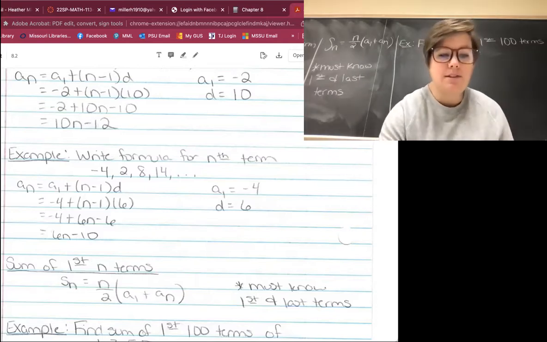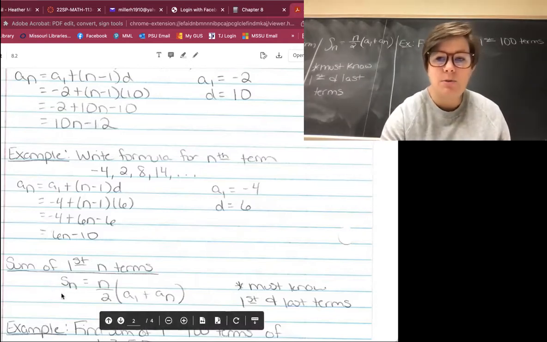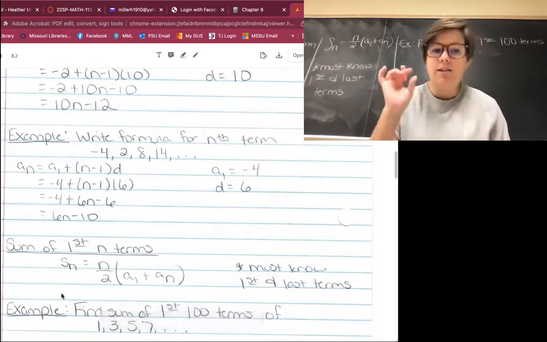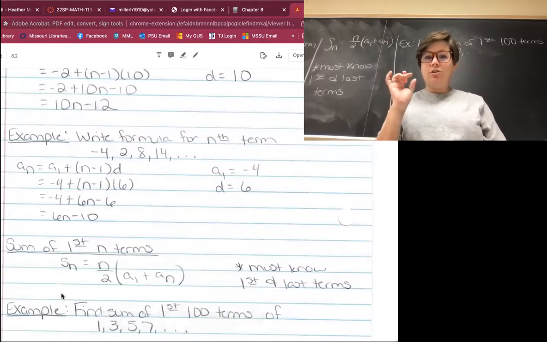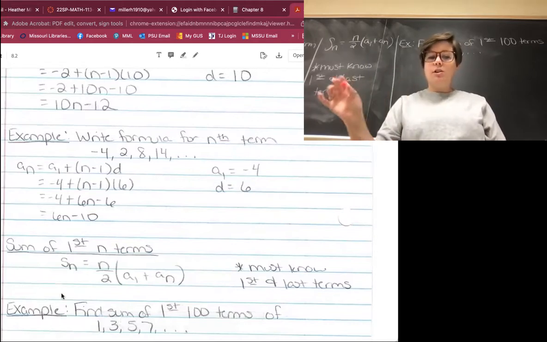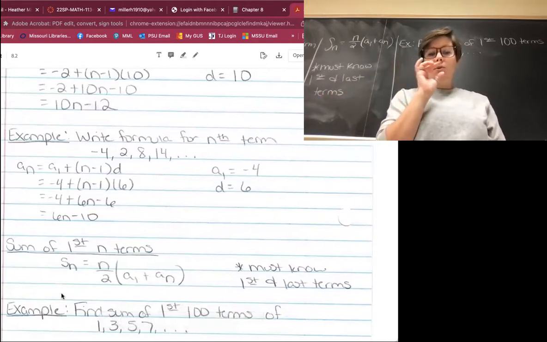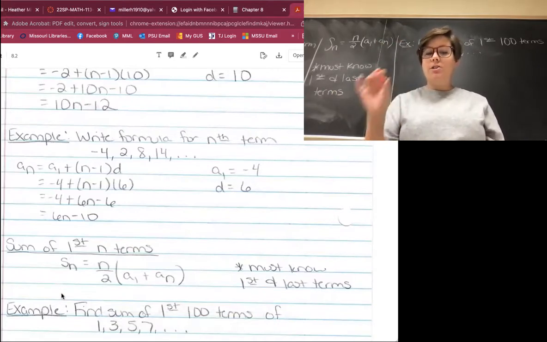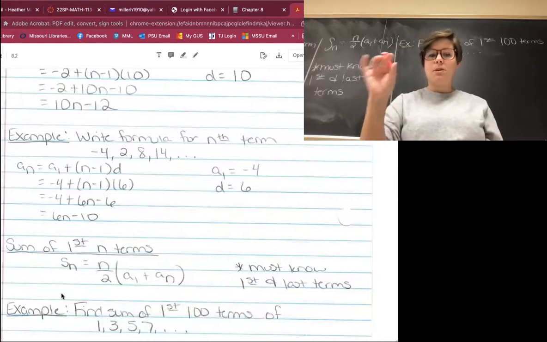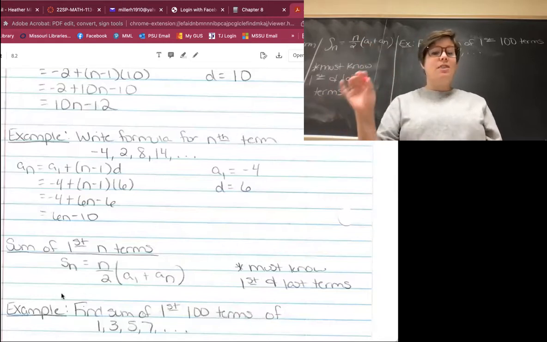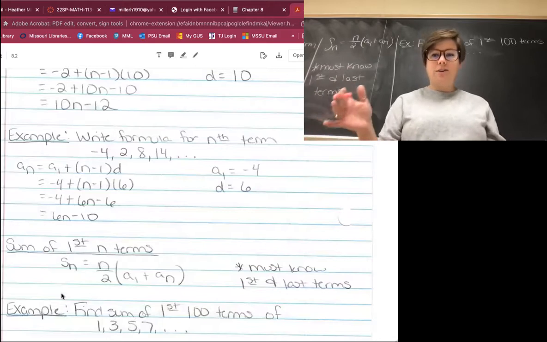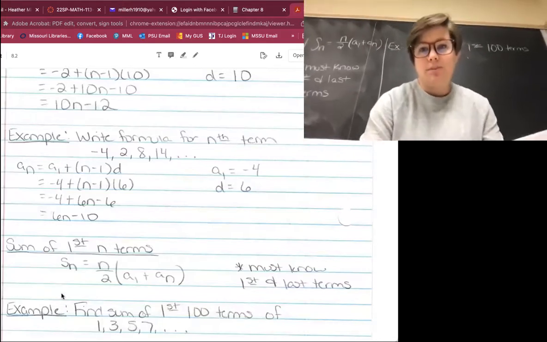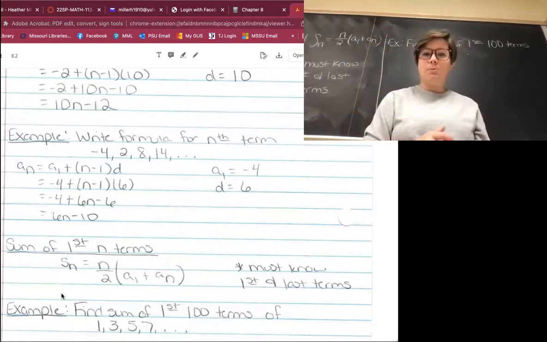This is a capital S with a subscript of lower n, and that n tells us the first n terms. So the sum of n equals n divided by 2 times a sub 1, which is the first term, plus a sub n. That's the last term of what we're finding, okay?